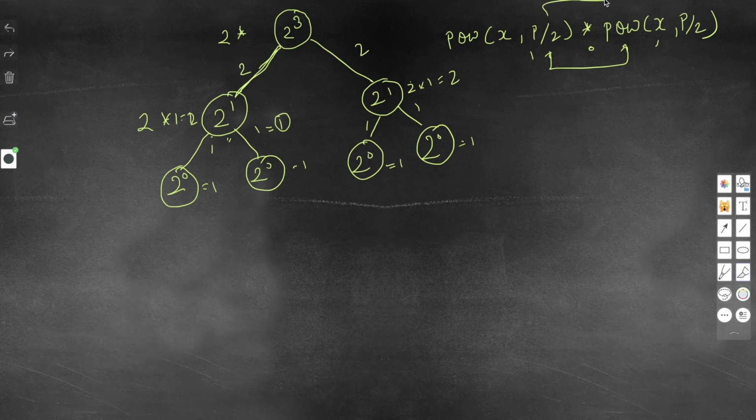I need to multiply both, so after multiplying I will get 4. As 3 is odd, I need to multiply an extra x with my result, that is 2 into my subproblem result 4. So the answer is 8. This is how the recursive tree of the optimal solution works.